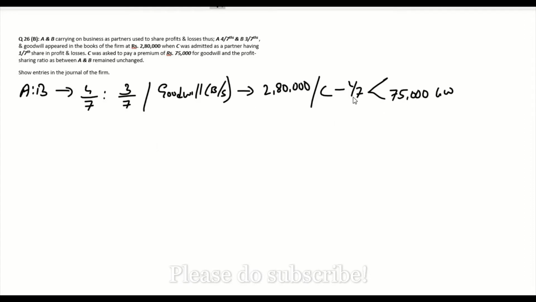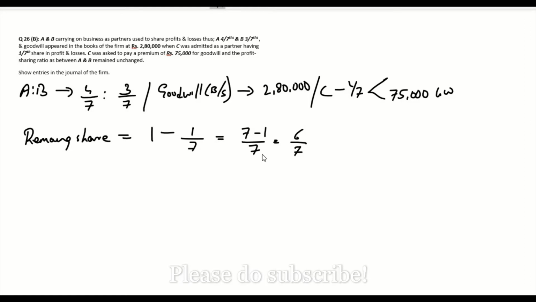Now we need to find, after giving C's share of profit, what will be the remaining share of profit. So remaining share: assume that the total profit of the firm is 1, minus C's share of profit, which is 1/7. That is equal to 6/7. So the remaining share of profit is 6/7.